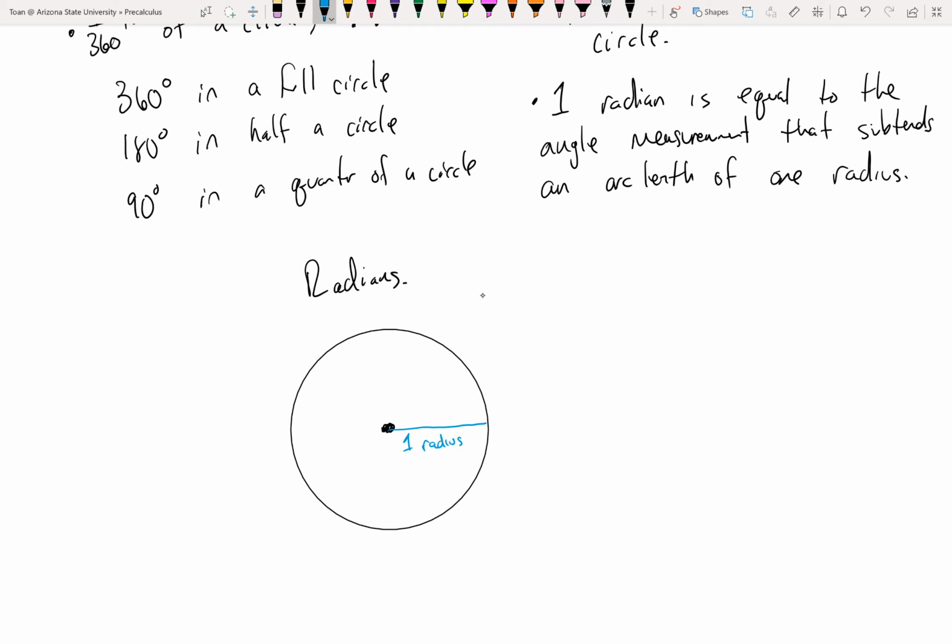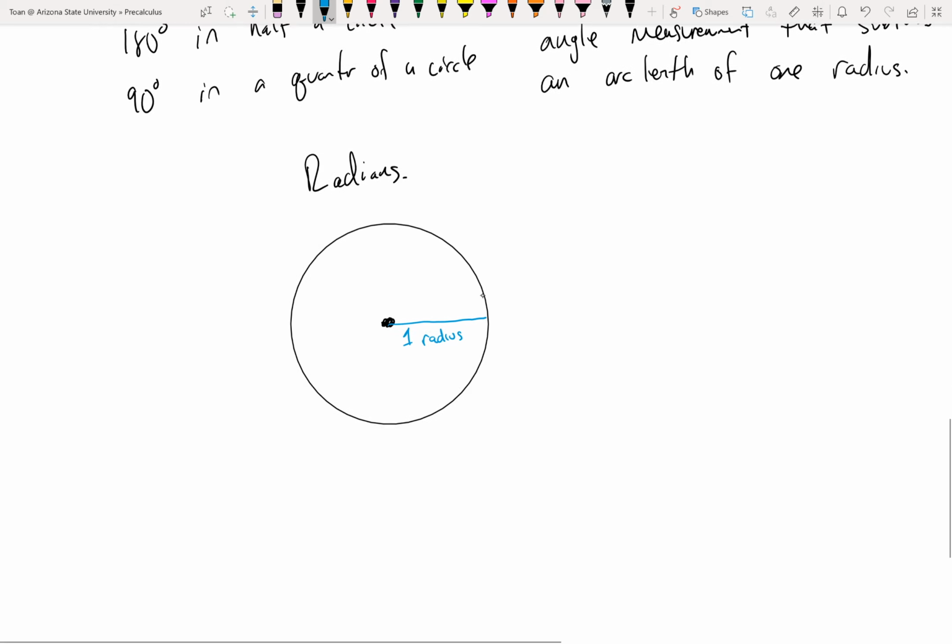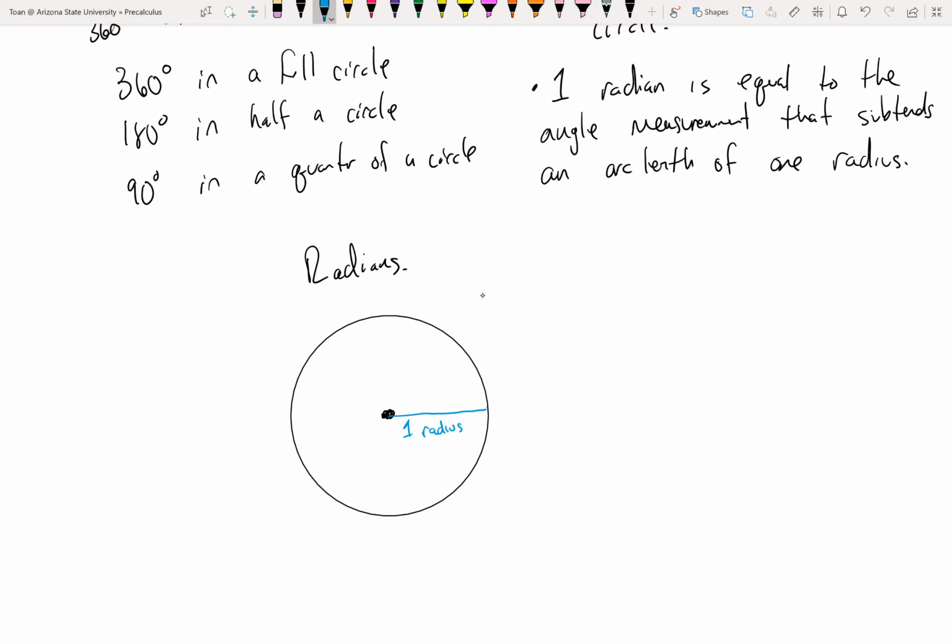If you were to take this radius and instead wrap it along the outer edge of the circle, the same length, right? So this is 1 radius. Well, how many angles are covered by that amount? We call that a radian.